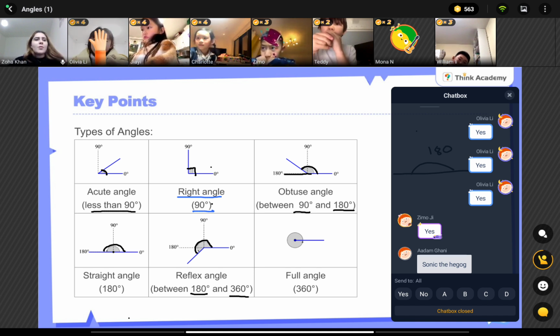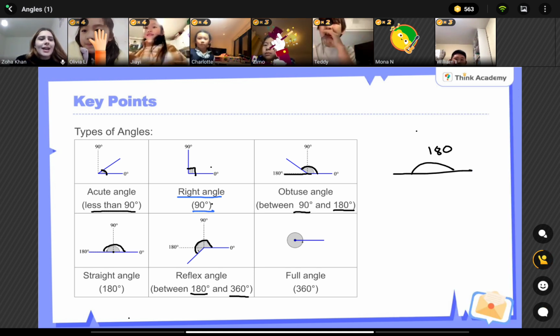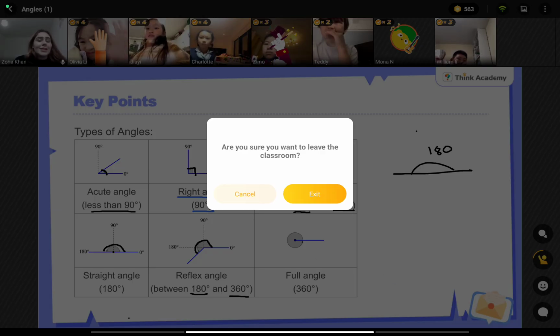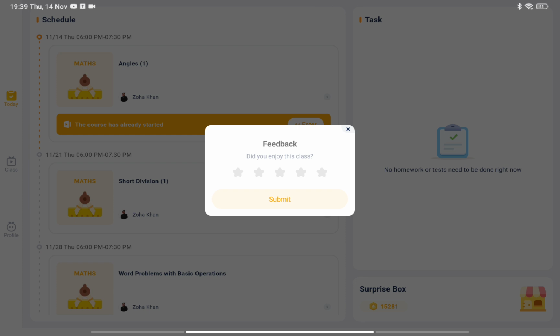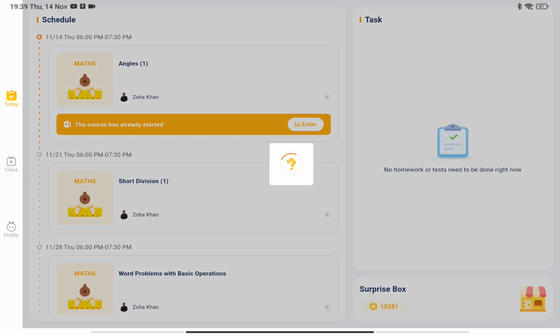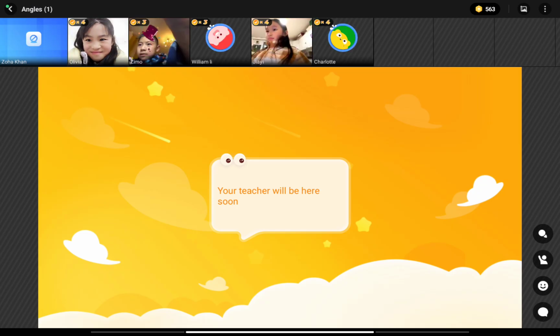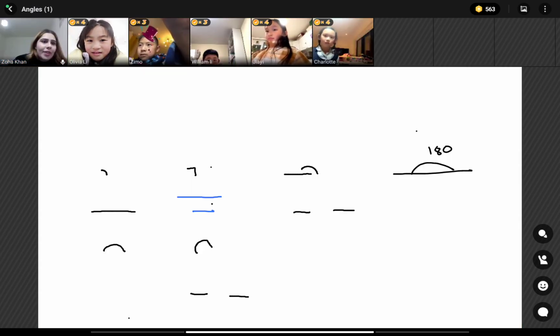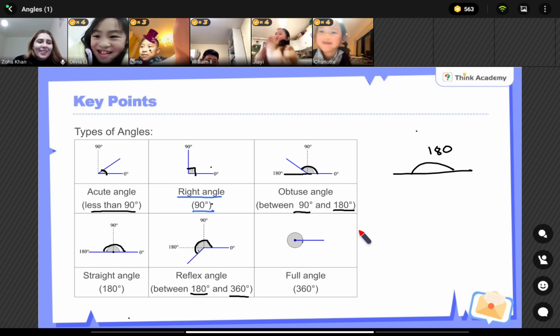So everyone, a big well done, particularly to Zemo, Jai, Charlotte, and William for winning the top 4 today in today's lesson. Because I didn't have enough coins, I can only give you, well, you're over 1,000, right? Amazing. How do you feel? Good. Perfect. Very, very well done, Zemo.